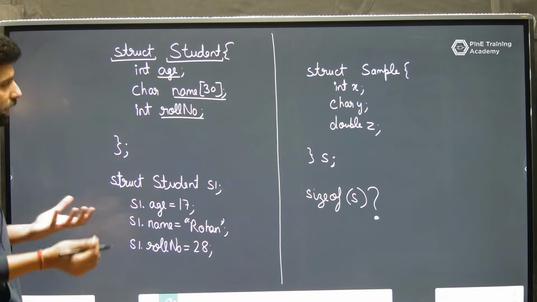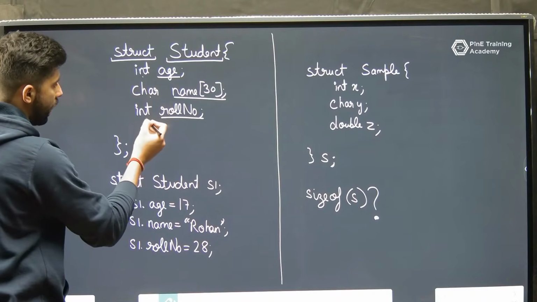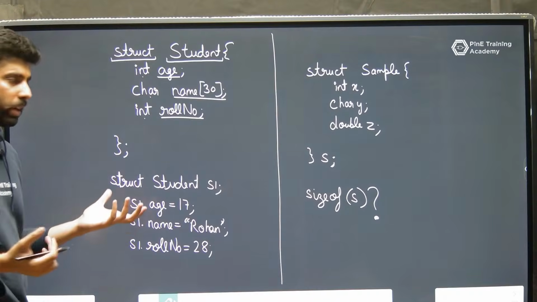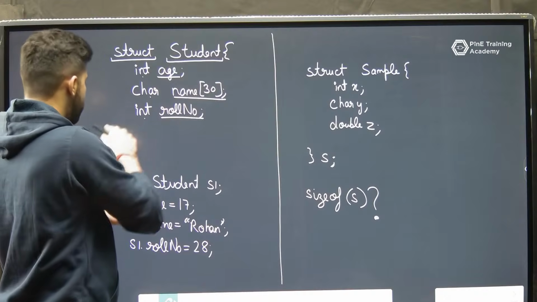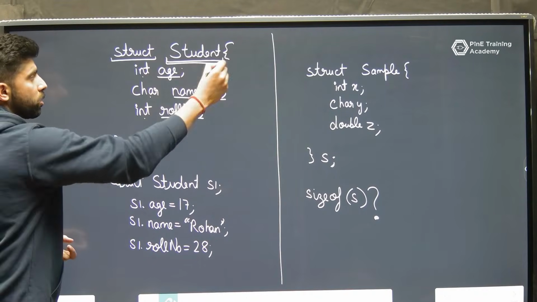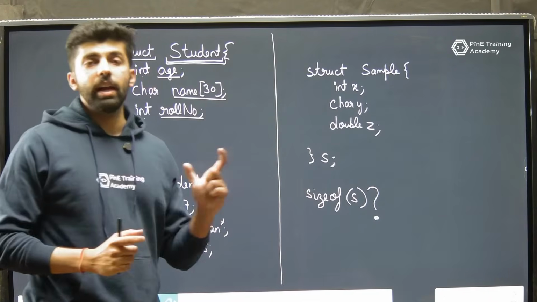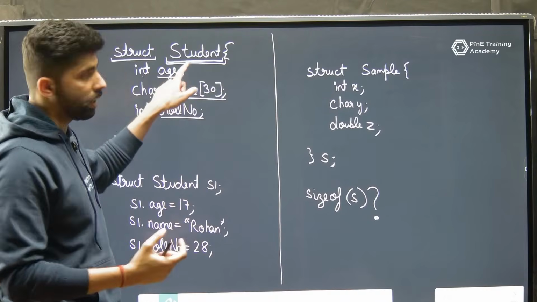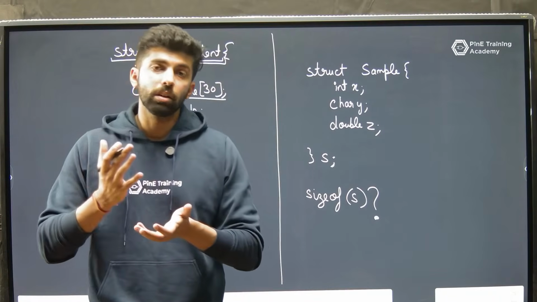So if you see internally, we are using the primitive data types, integer, character array, and then int. So internally, we are using those primitive data types, but they are now combined in this particular block, which is known as student. And here, I have created another data type, which is known as student, similar to what we have in our primitive data type.